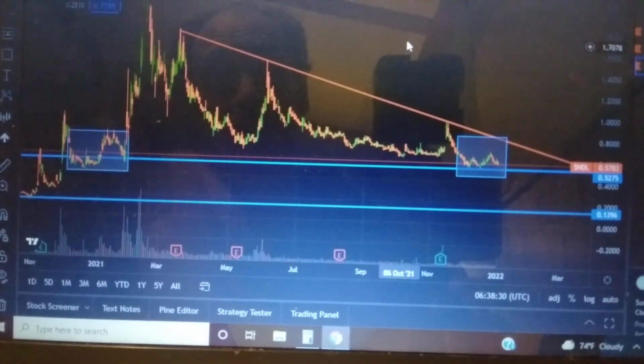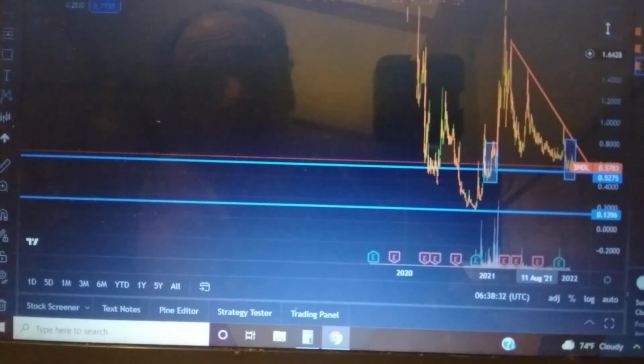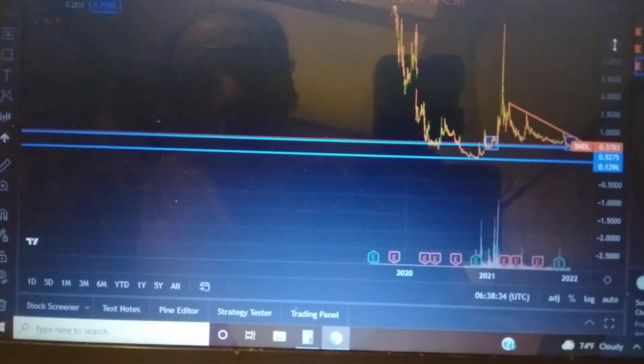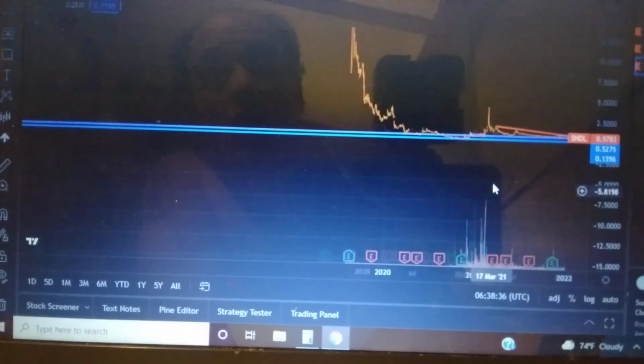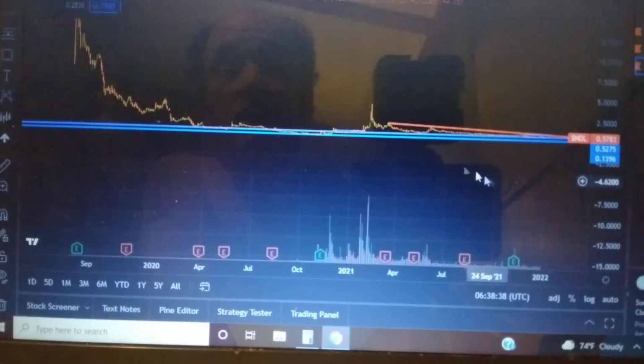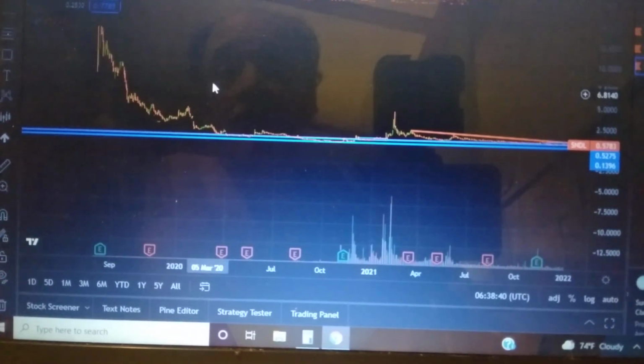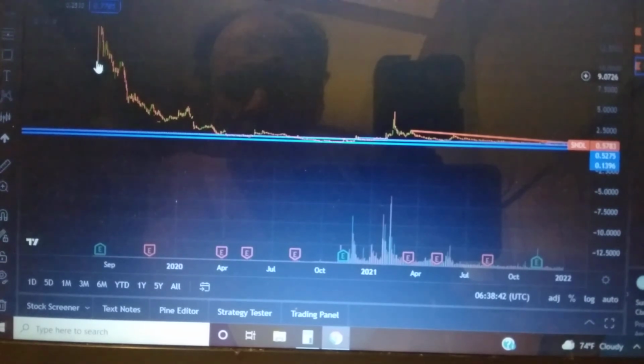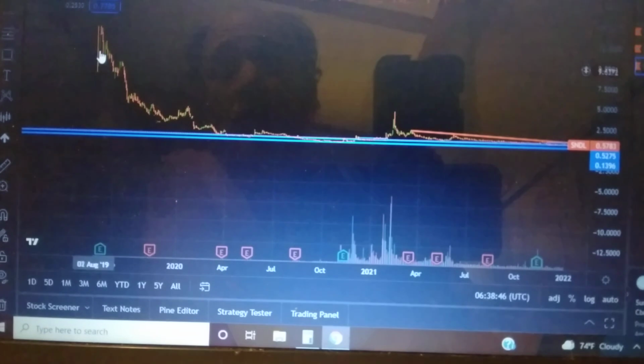But the first thing that I noticed about Sundial when I got over here and I looked at their chart, oh my freaking goodness. You mean to tell me that on August 1st, Sundial had its IPO? It was as high as 13, looks like almost 13.50, 13.25, $13 even.